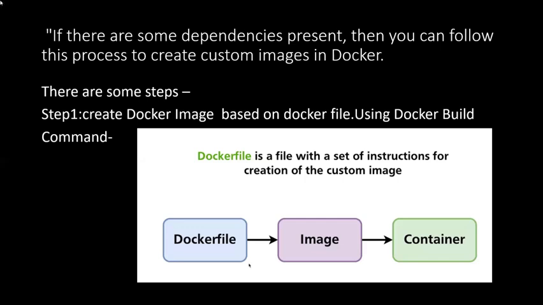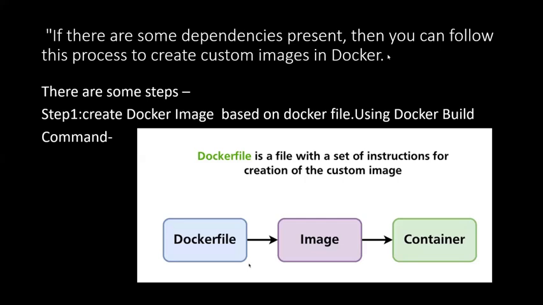So if dependency, interaction and two or three things are present simultaneously, then these are all dependent. For that you don't have a certain image where you get all the related files. For that you have to create a particular image that is called the custom image.